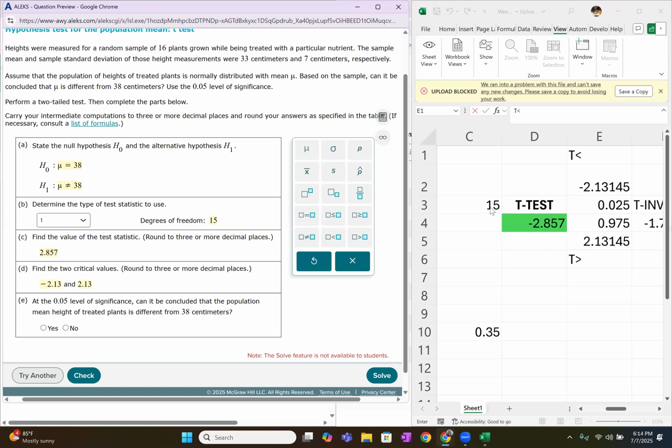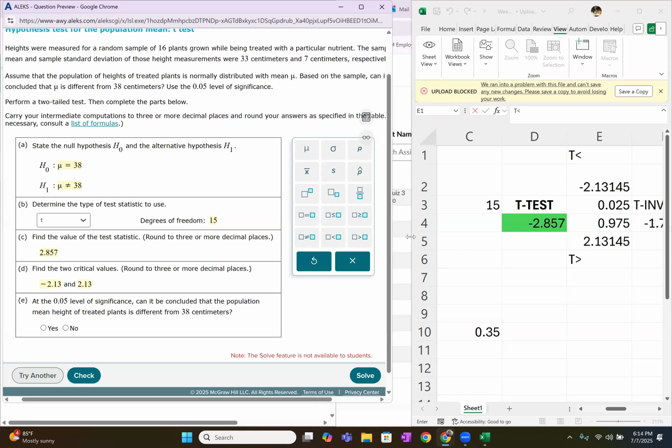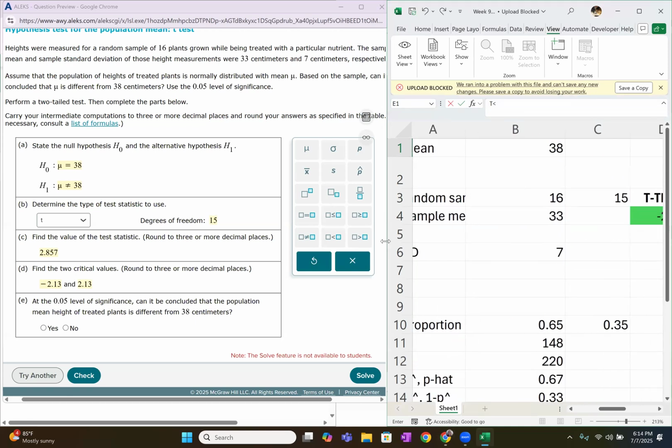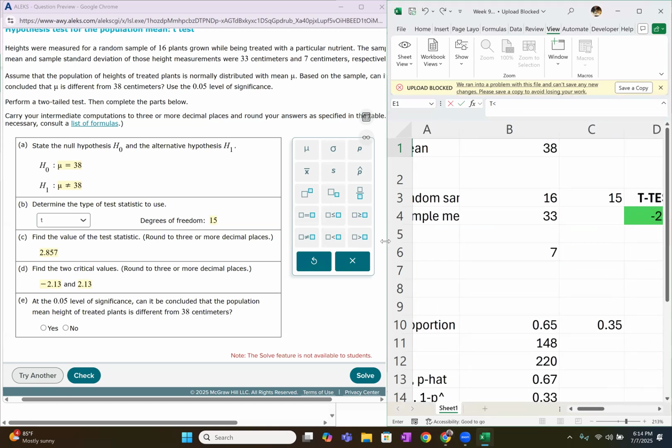Right now, I need you to stop. I need you to think about this for a minute. Look at what I've written down and ask questions, whatever questions you have. I'm going to move this over a little bit so you can see everything. What do you have questions about? I know you have questions. Come on, I know you do.